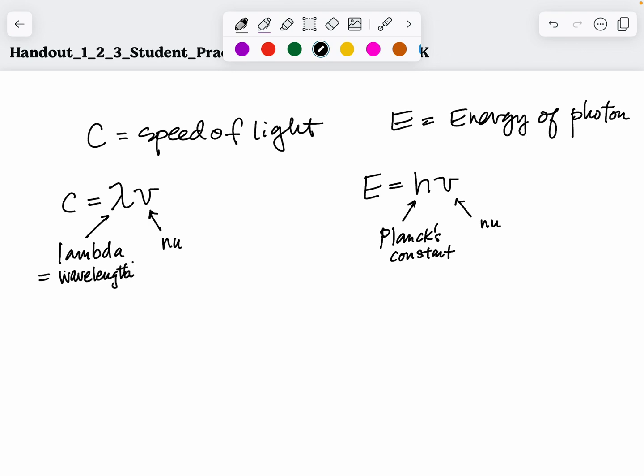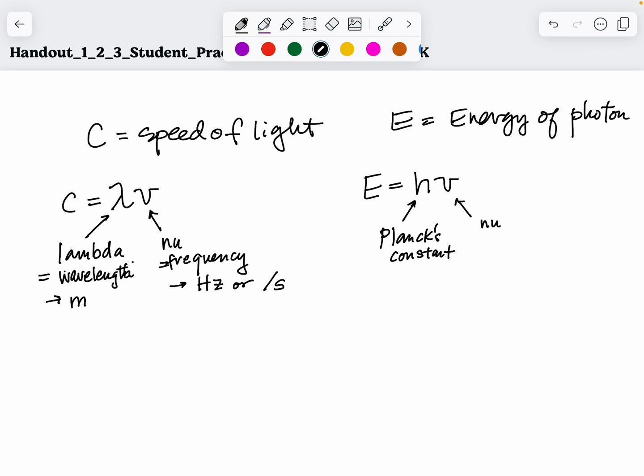This is going to be measured in some sort of meters, and then frequency is measured in hertz. A hertz is also a per second. In other words, how many waves pass a certain point per second. That is what a hertz is.